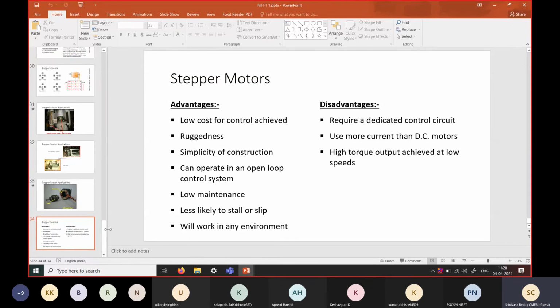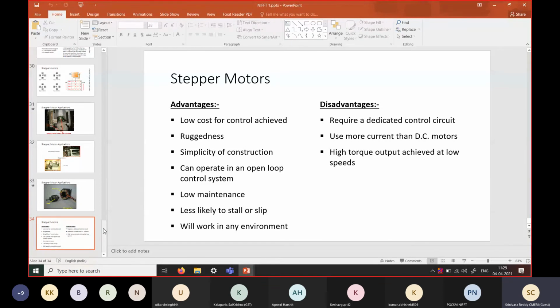To briefly recap today's lecture, we have seen some basic definitions, like what a sensor, transducer, and actuator are, and in actuators we went through the construction and working principle fundamentals of the DC motor. Then we saw the different classifications of DC motor based on armature winding and field winding.